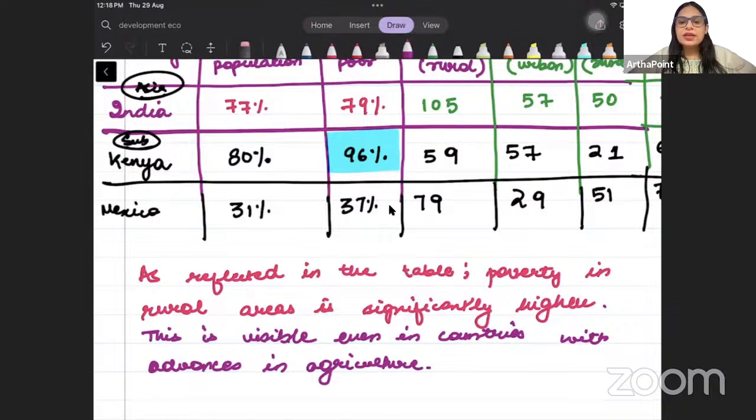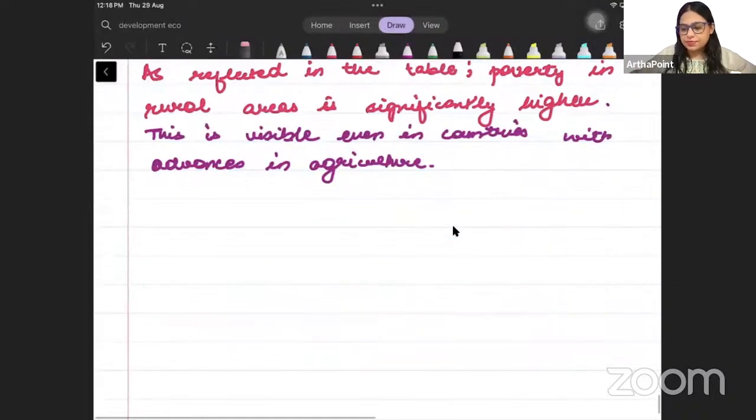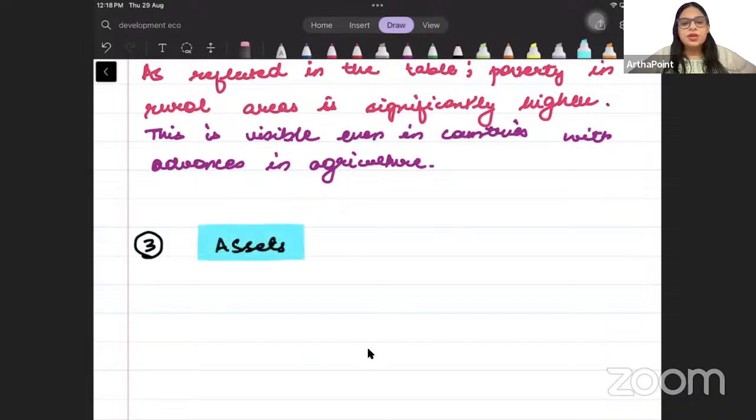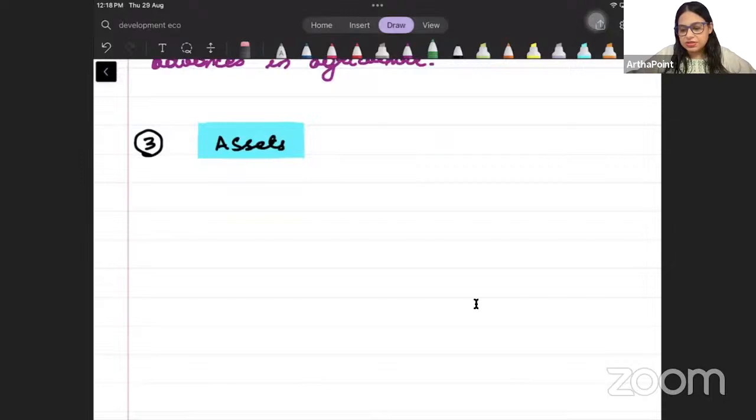Now what we can go ahead and do is talk about the third feature, which is assets, right? So I want to start with one line here, and the line that I want to focus on, I will then explain.